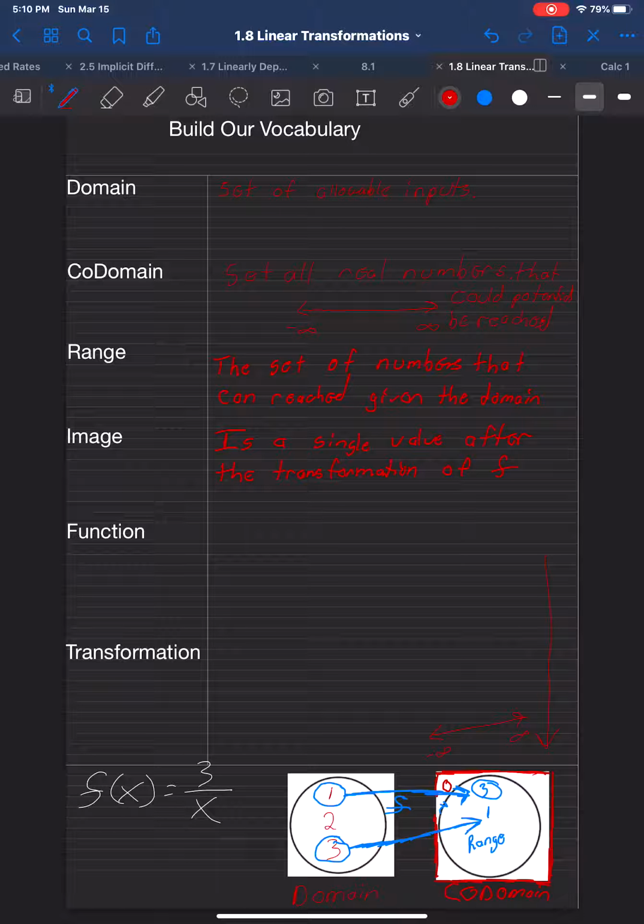Right, so when you're used to saying f of x equals, in this case, we'll use the very first one. So in this case, f of 1 equals 3. That's our image. Okay, that is the image of, or the image after the transformation f.